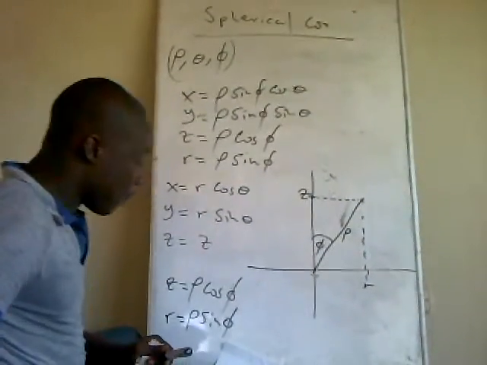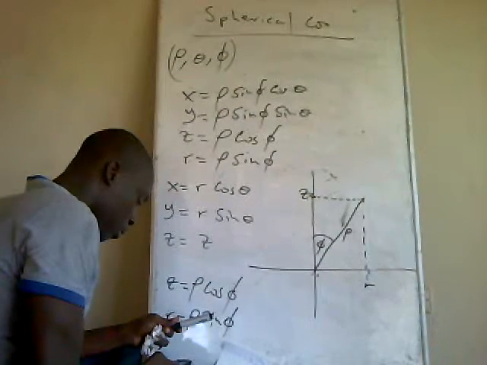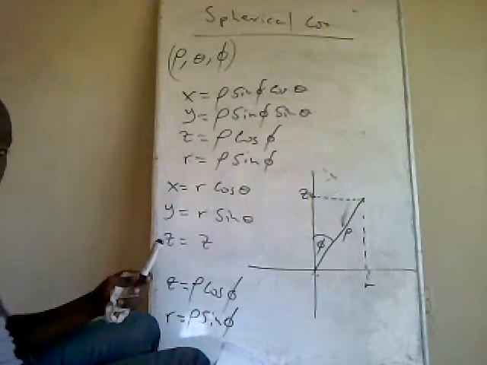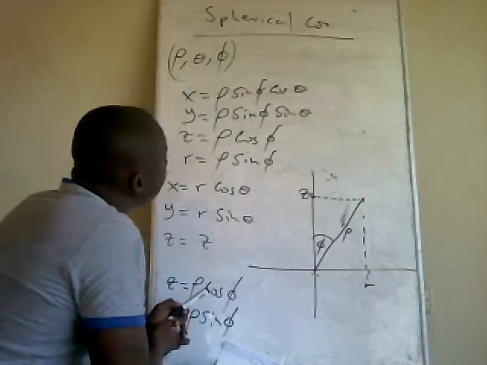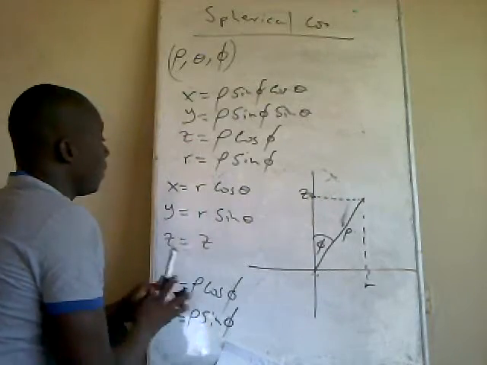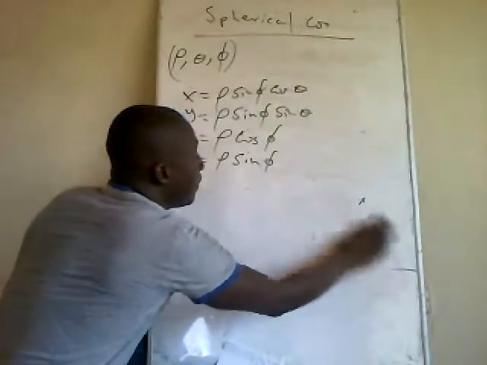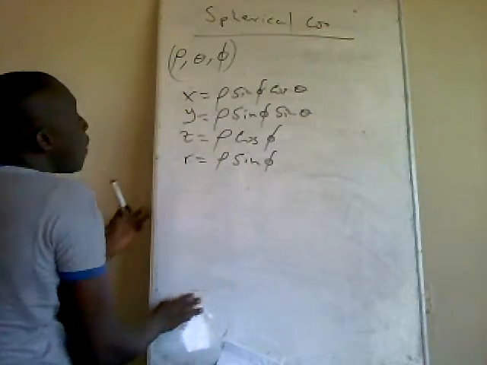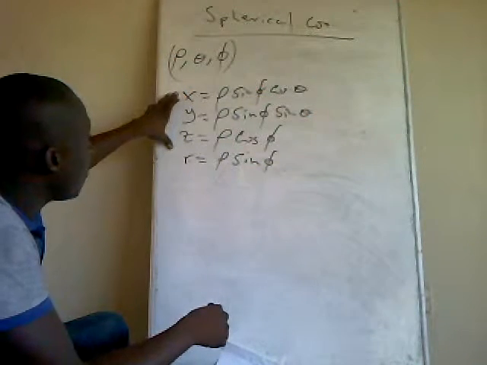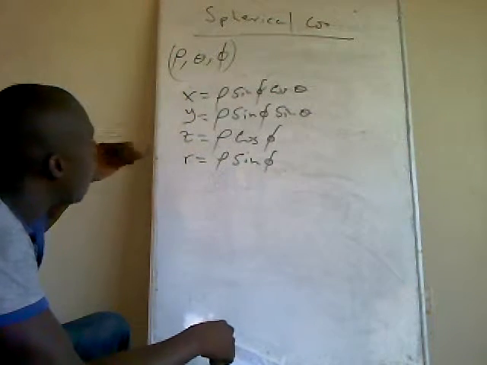Rho sine phi. Good. Having said that, so if I have a point, I must be able to convert a point in spherical to cylindrical, and cylindrical to spherical.